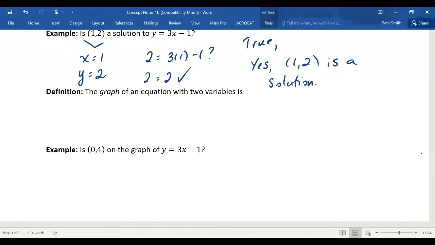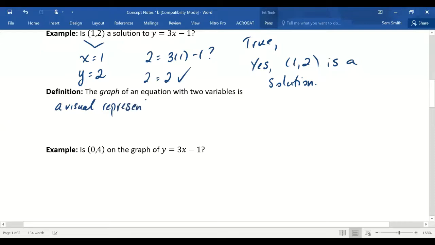And since we can't list the solutions to an equation with two variables, we need some other way to represent it, and we do that using a picture, and that's called the graph of an equation. The graph of an equation with two variables is a visual representation of all its solutions.